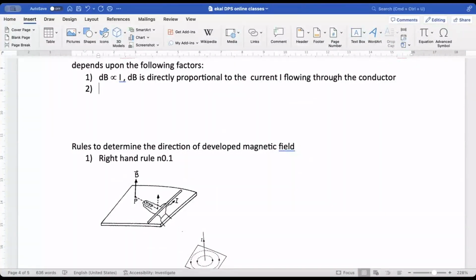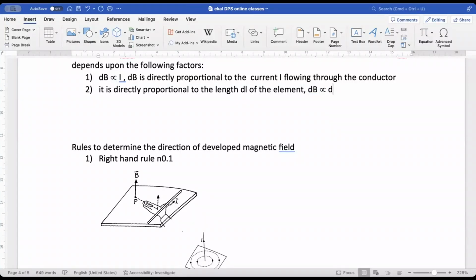Second, it's directly proportional to the length dl of the conductor, or dl of the current element, right? So dB is proportional to the dl, right?